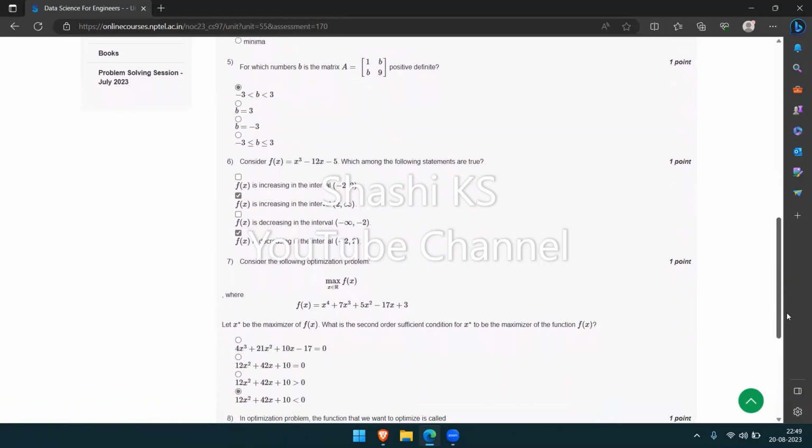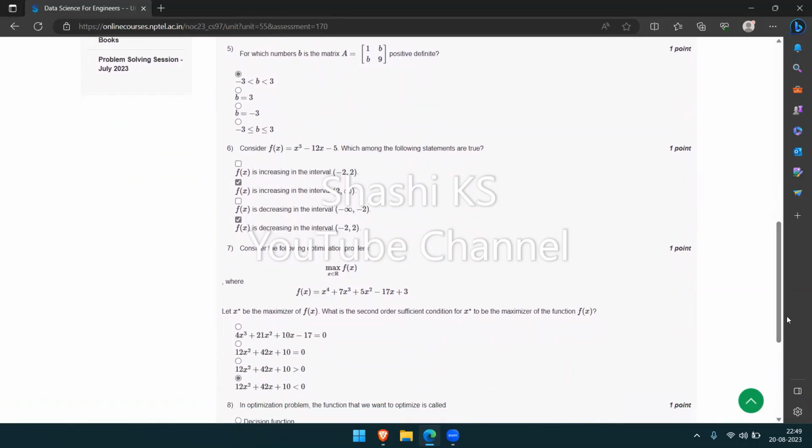Next question is, consider the following optimization problem where f of x is equal to x power 4 plus 7x cube plus 5x square minus 17x plus 3. Let x star be the maximizer of f of x. What is the second order sufficient condition for x star to be the maximizer of the function f of x? So here we find the first order derivative for f of x would be 4x cube plus 21x square plus 10x minus 17.